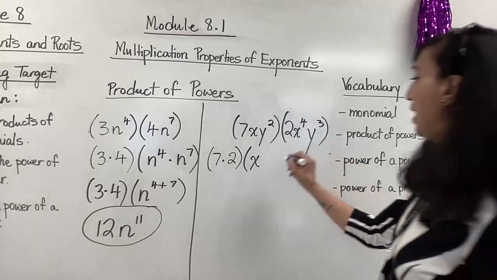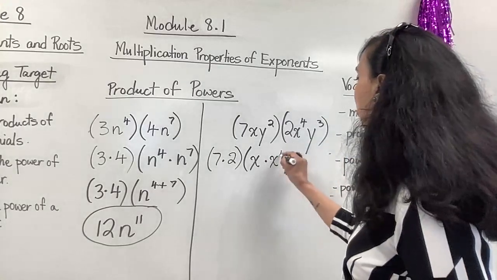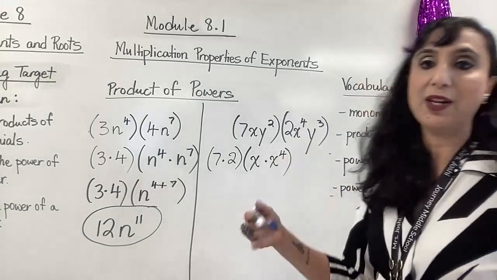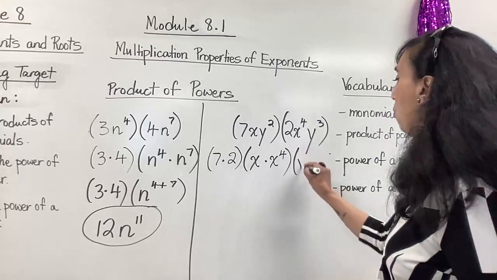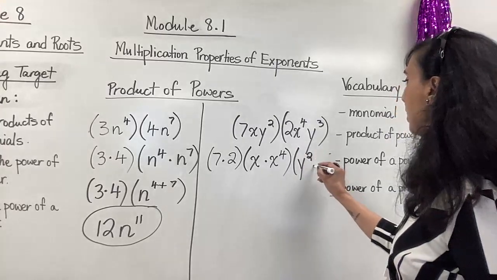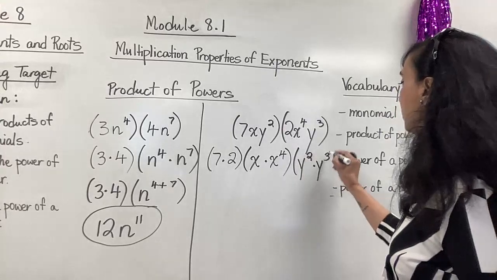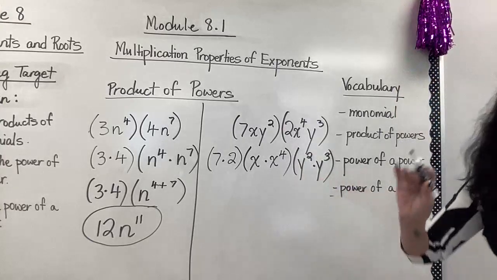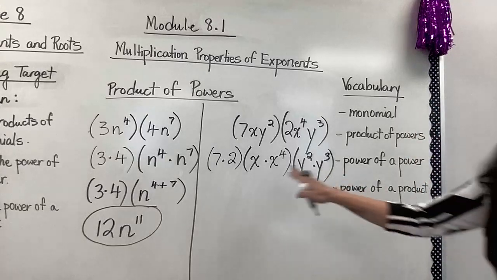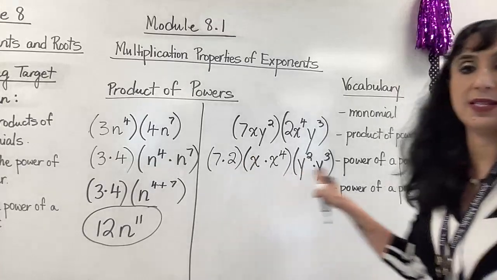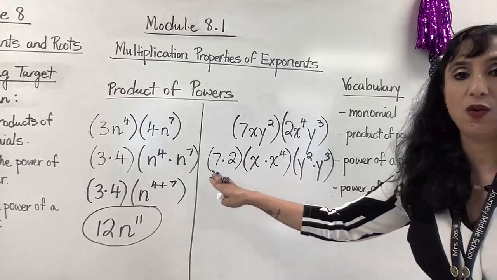So I have x times x to the 4th power, and then in the next step I'll show you the product of powers. And then I have y squared times y cubed. So here are all my groupings now. Once again, same bases, and of course, that's the coefficient.